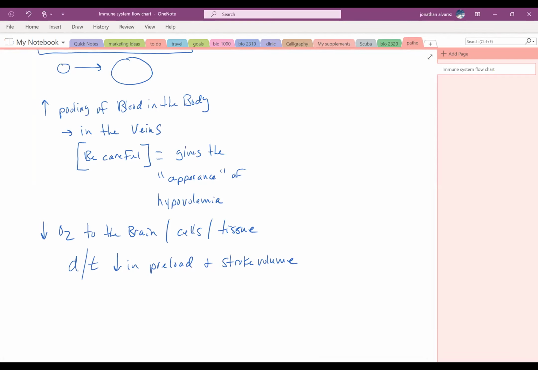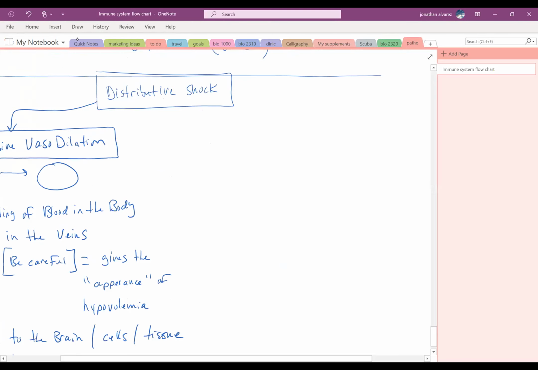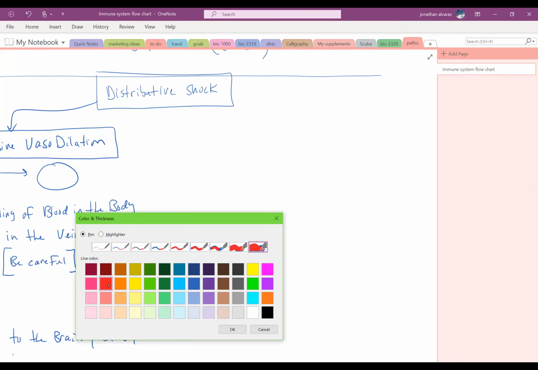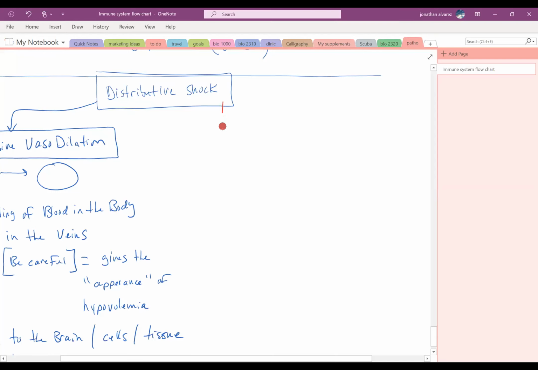Let's go back up here. Okay, another one would be profound hypotension. Okay, profound hypotension.